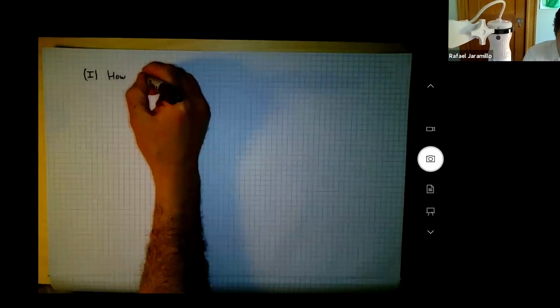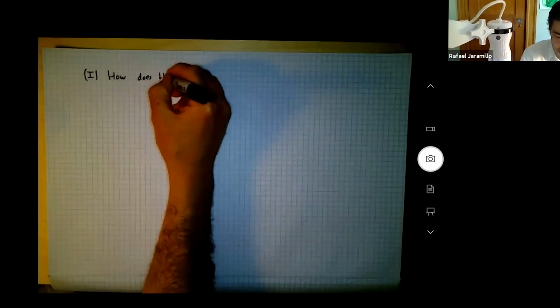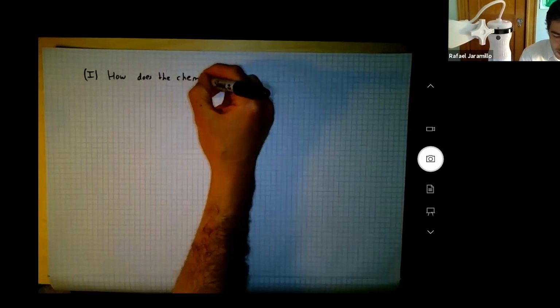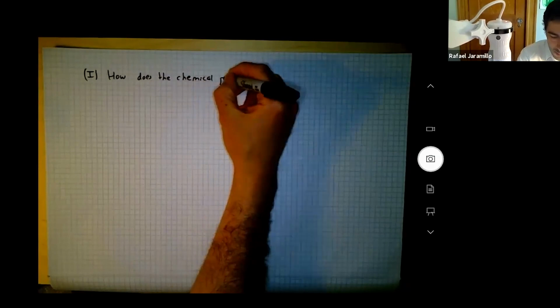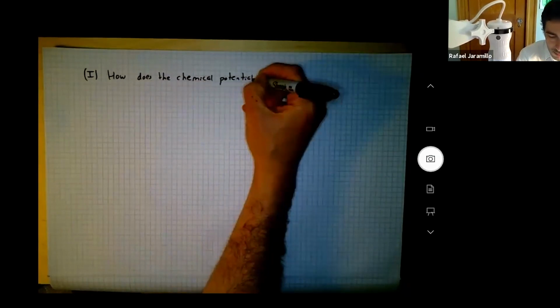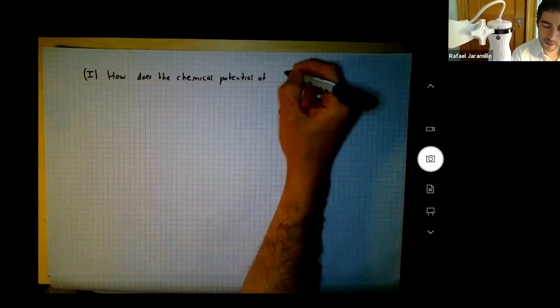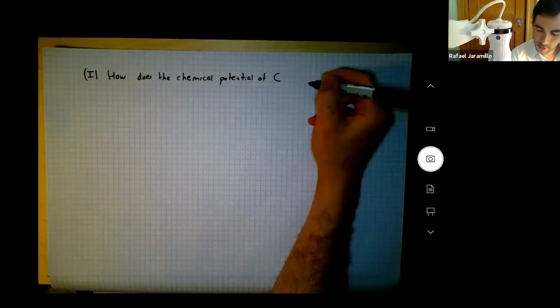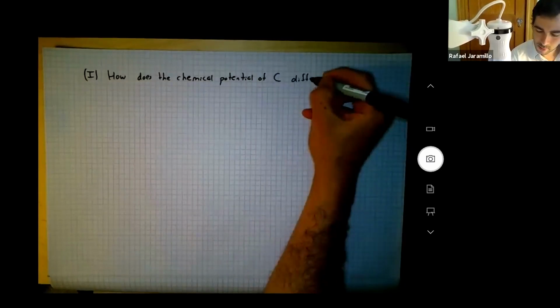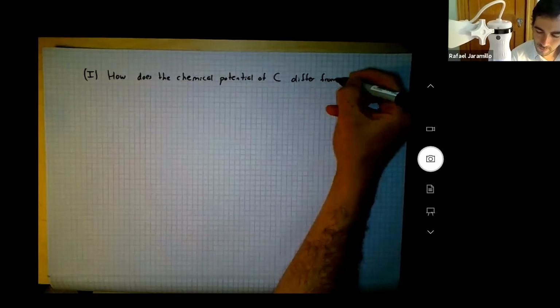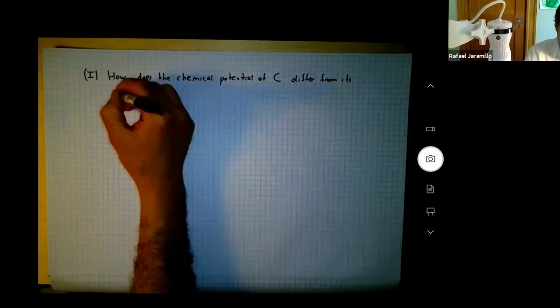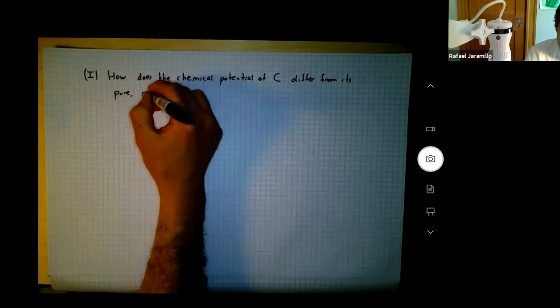So how does the chemical potential of carbon differ from its pure reference state?